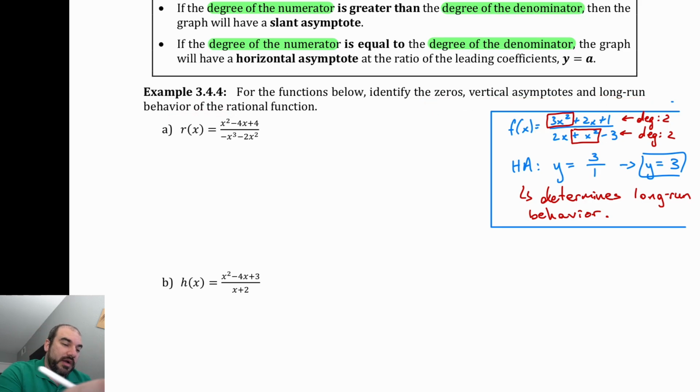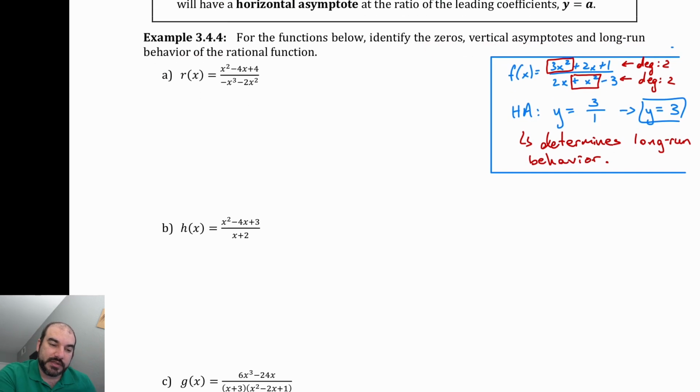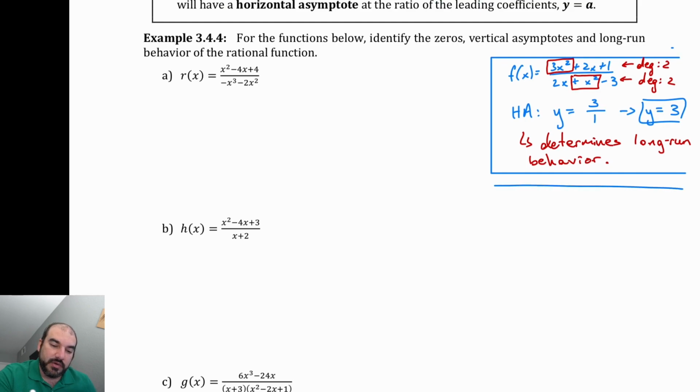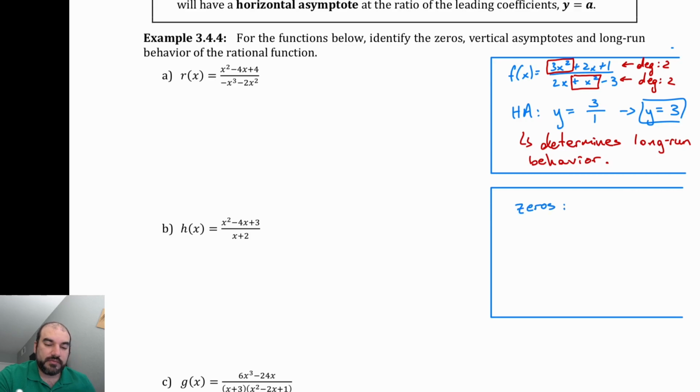So let me give you a way to write those answers. If you're doing zeros, you're going to write them as coordinate points, because remember they're x-intercepts, right?